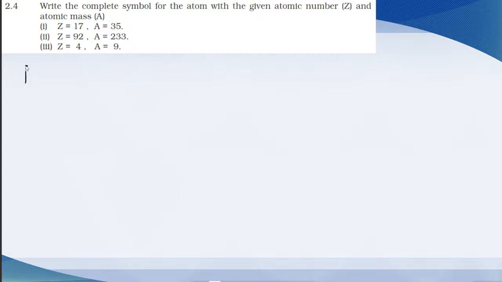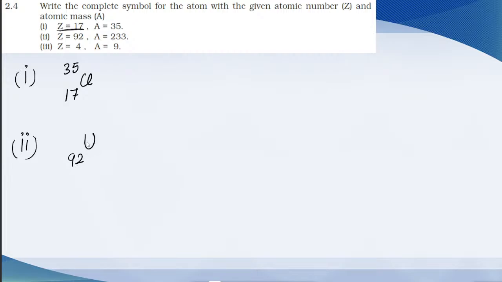So the first one is Z 17. So Z 17 is of chlorine. It is chlorine 35. Sorry, chlorine 17, 35. That is the complete symbol. Next, 92. 92 is of uranium.